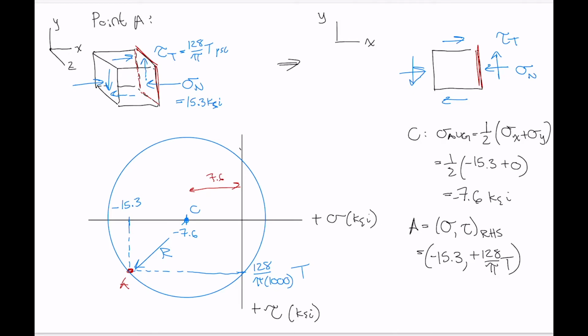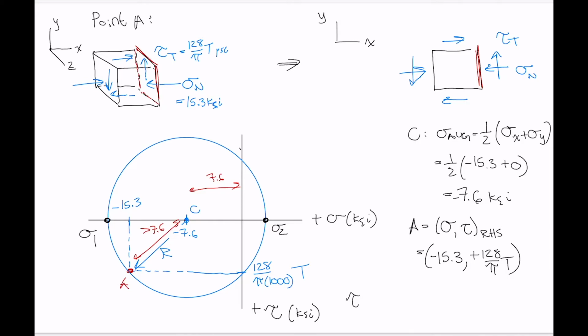And the radius, this distance, is longer than 7.6. So we know that one principal stress, in this case the smaller one, is going to be positive, and the other principal stress, the negative one, is going to be a larger absolute value. So the principal stresses in this case have opposite signs.